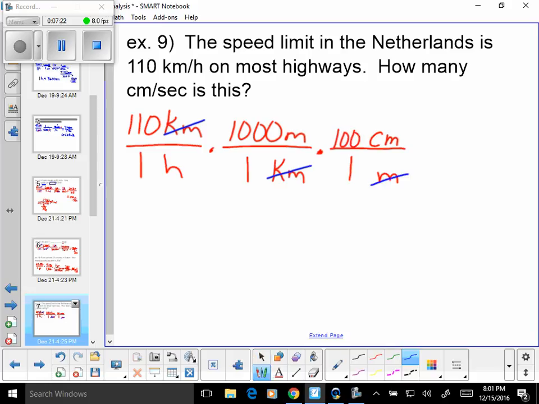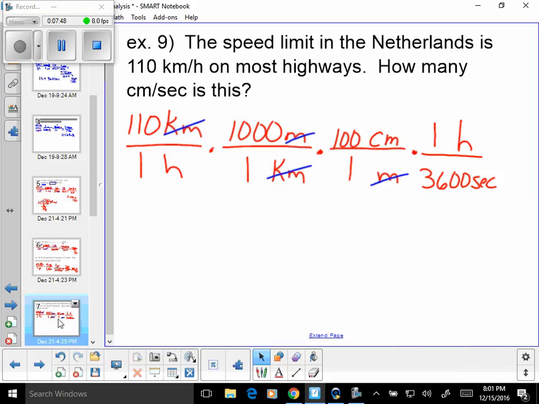And then my meters will cancel my meters out. Now I've got centimeters in a numerator position. Well, now I can go back and I have to deal with that denominator of 1 hour. It's got to be in a numerator position for it to cancel. And I know that 1 hour is 3,600 seconds. And now notice the seconds is exactly where I want it in a denominator position.